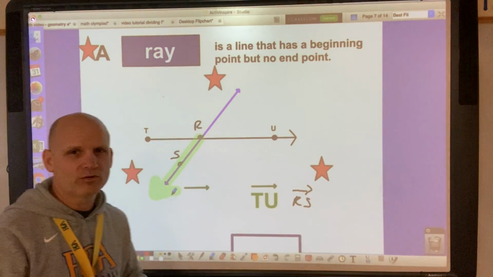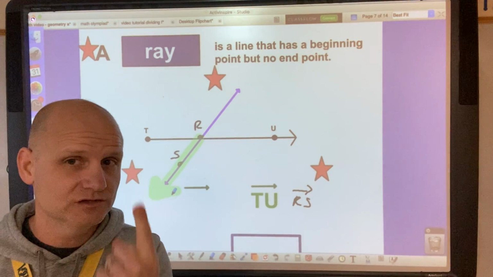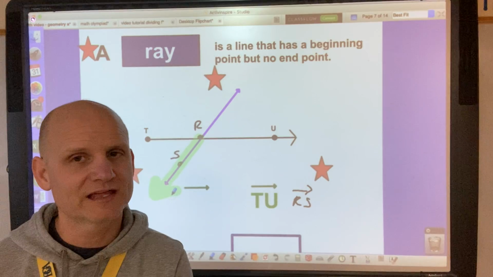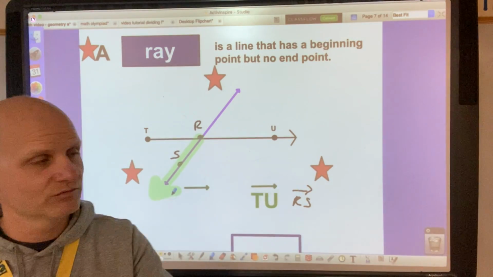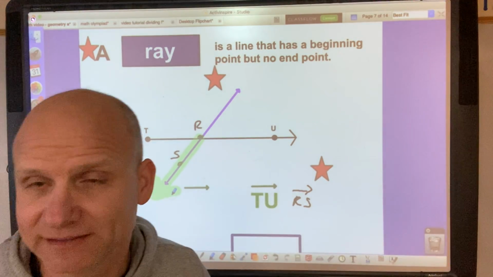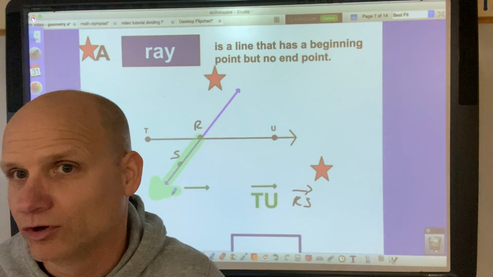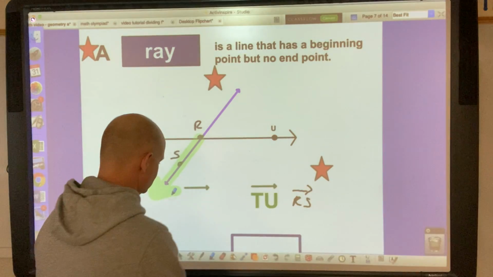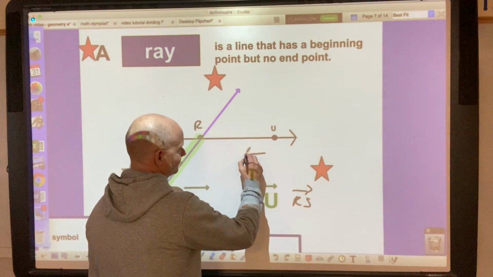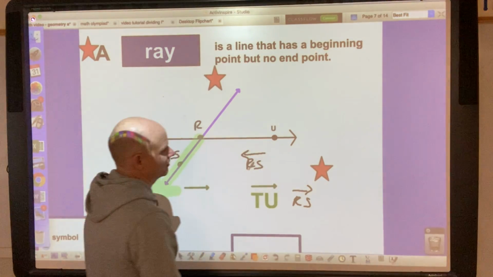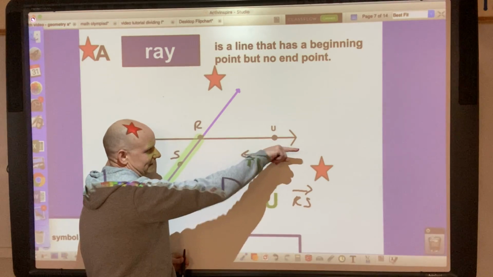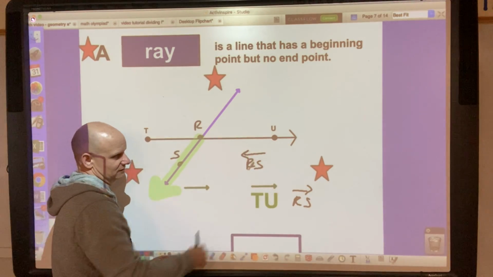Okay? So the important thing to remember about a ray is, again, you're going to do the symbol, and you're going to use 2 points, but that ray symbol always has to go to the right. I don't know why, but that's just the way it is in the book. So here, if I say ray RS, that would be wrong. That symbol has to go to the right, even though it's going this direction.